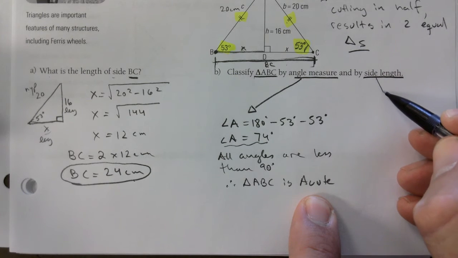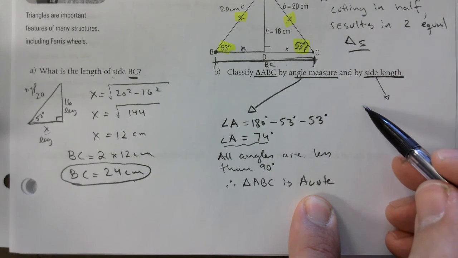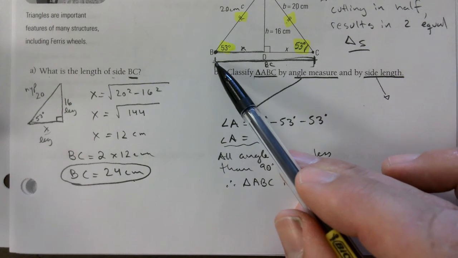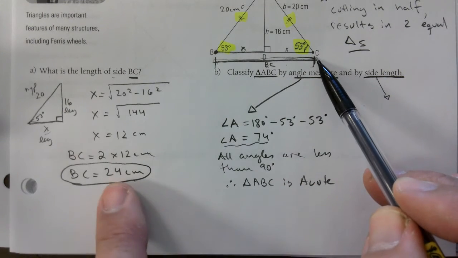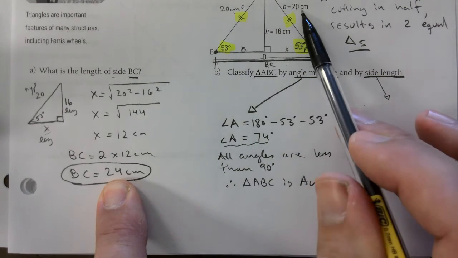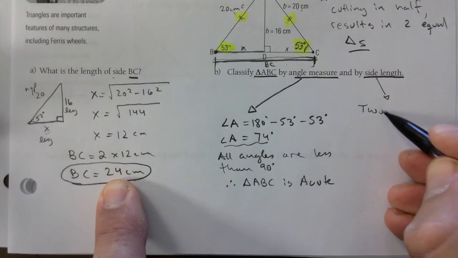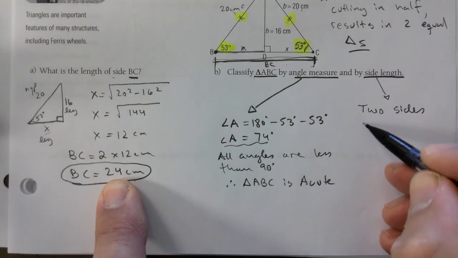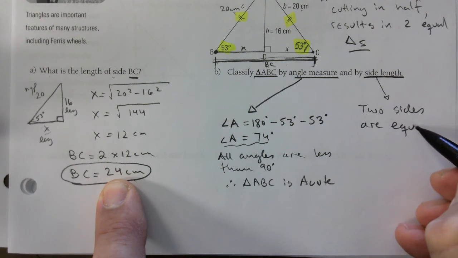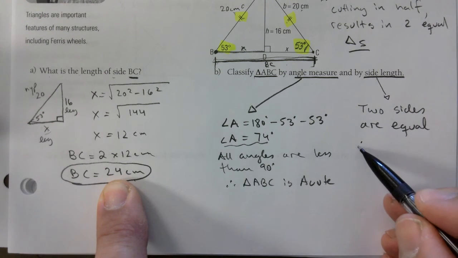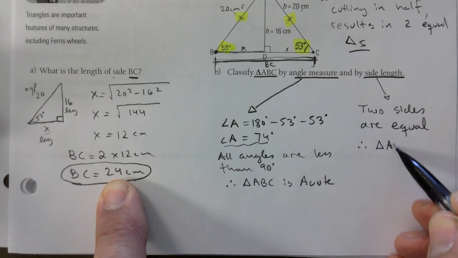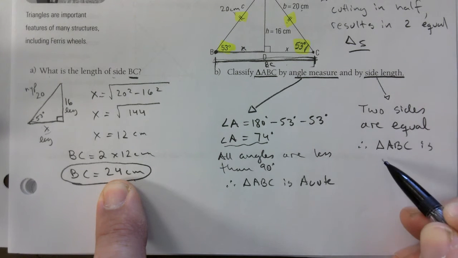By side length, I will say this. If you think about it, you have this side that is 24, and these two sides are 20. Okay, you will say 2 sides are equal. Therefore, triangle ABC is isosceles.